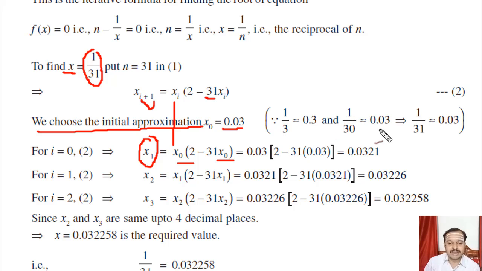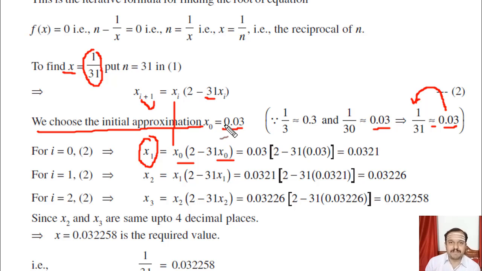This is very simple. 1 by 30 is 0.03, therefore 1 by 31 is very close to 0.03. So 0.03 can serve as the initial approximation, the rough approximation for the value of 1 by 31. Therefore x0 is being chosen as 0.03. This observation you have to do by yourself. It is your duty to guess it.